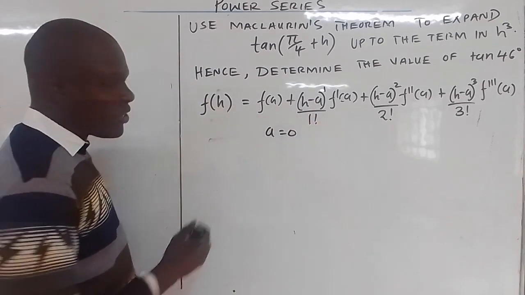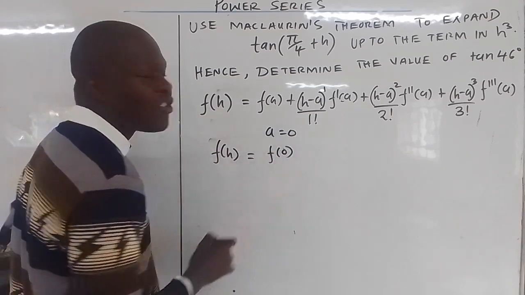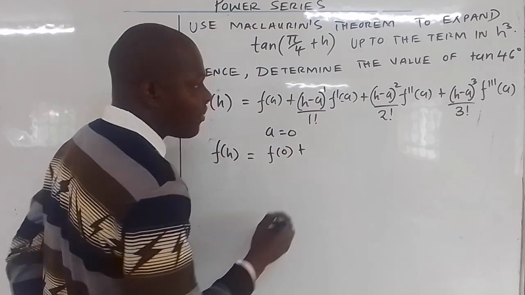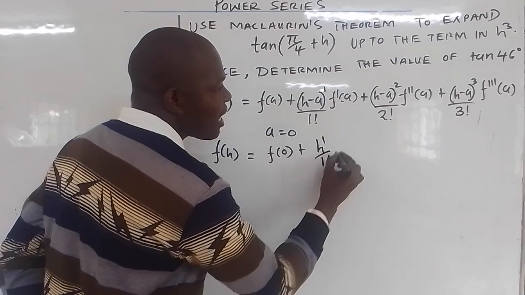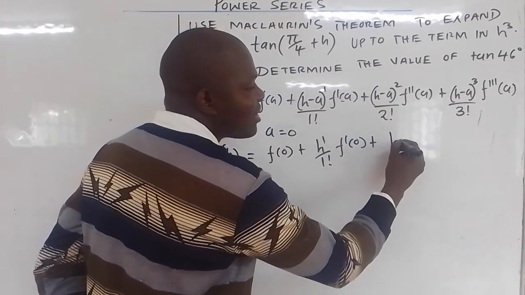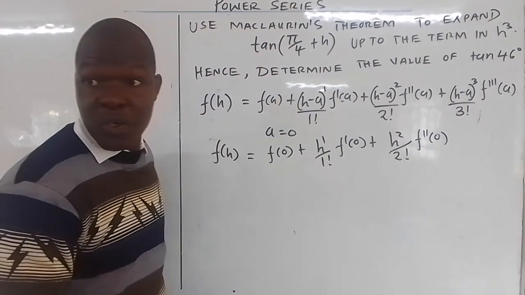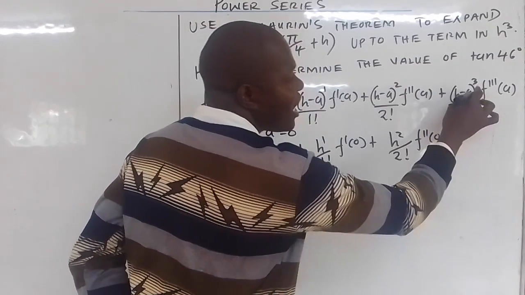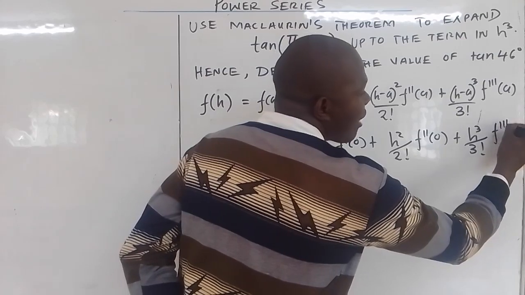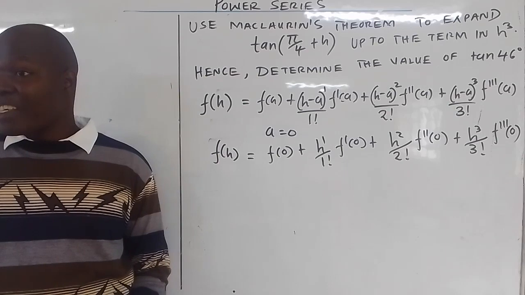So f of h is going to be f of 0, plus h minus a, it is just h, that is h raised to power 1 over 1 factorial f prime of 0, then plus h squared over 2 factorial f double prime of 0. Then it is plus h cubed over 3 factorial f triple prime of 0. So have you seen the way the Maclaurin theorem has come out?